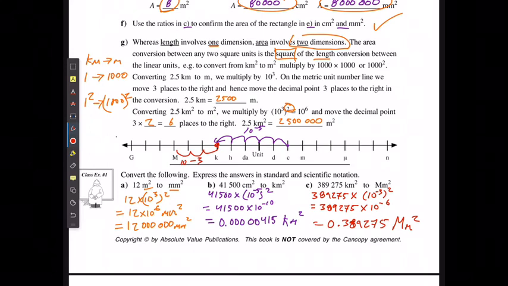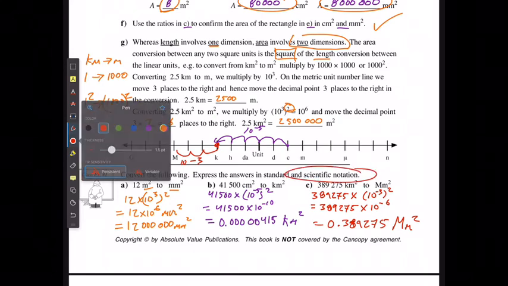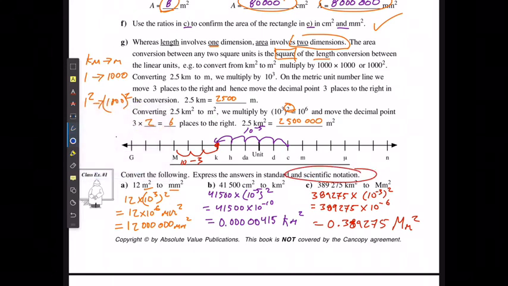If I'm expressing it in standard notation, I can do that for all these. This one is just going to become 1.2 times 10 to the 7 millimeters squared. The second one is going to become 4.15 times 10 to the negative 6 kilometers squared.